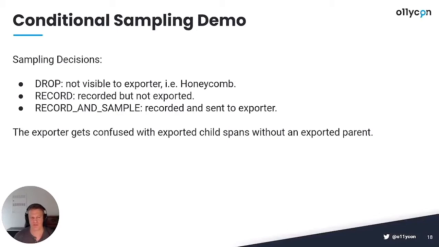It allows you to drop, it allows you to record, or it'll allow you to record and sample. In practice, what you've got is essentially yes or no options rather than 3 options, because the exporter tends to get confused if you drop a span and then you have a child span which is not dropped, because it doesn't know what it attaches to.